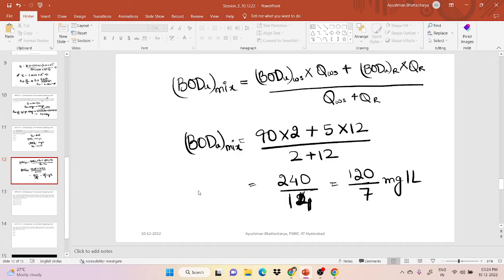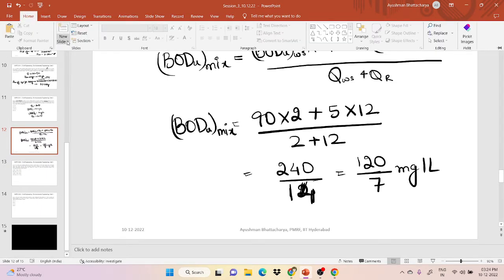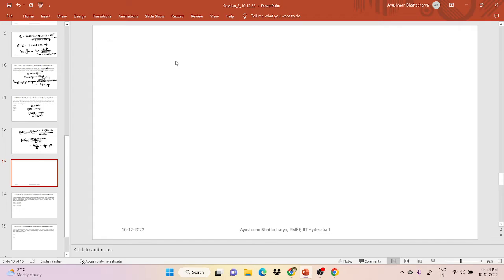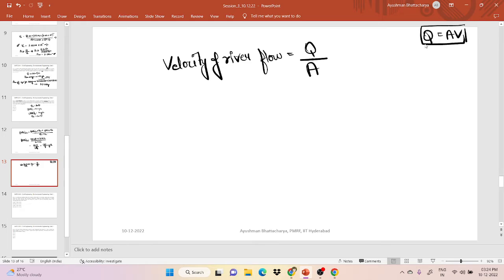Now knowing the BOD ultimate mix, in the next step we will calculate the flow velocity. So velocity of river flow is basically Q by A, because we know Q is equals to AV.